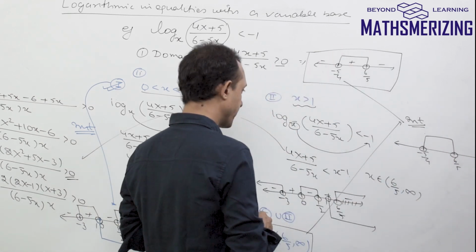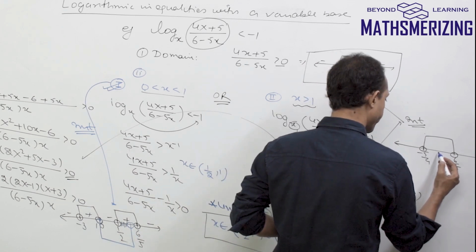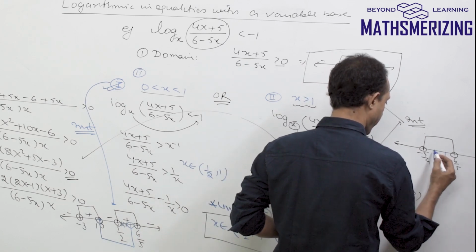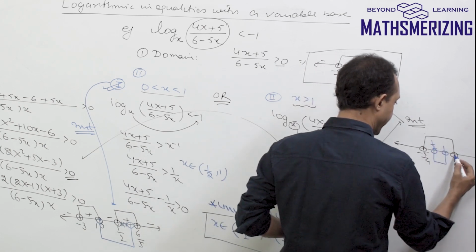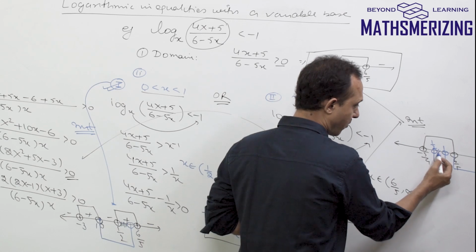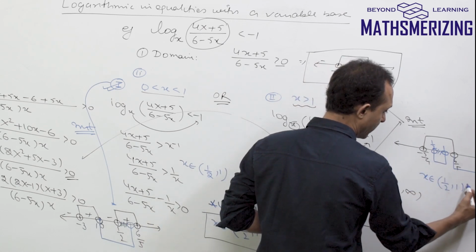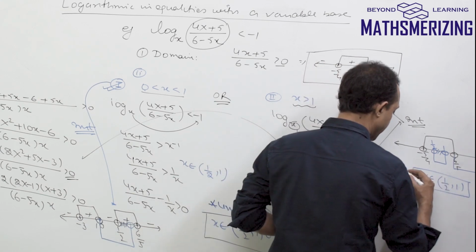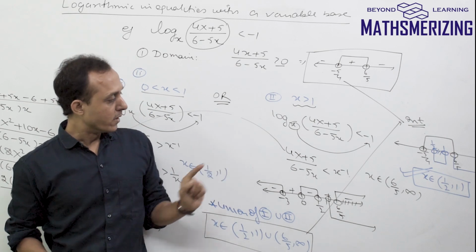And the second one is between 1 by 2 and 1. And then from 6 by 5 to infinite. So the interval which is common to both is x belongs to, so from 1 by 2 to 1. So answer to this logarithmic inequality is the value of x should lie between 1 by 2 and 1.